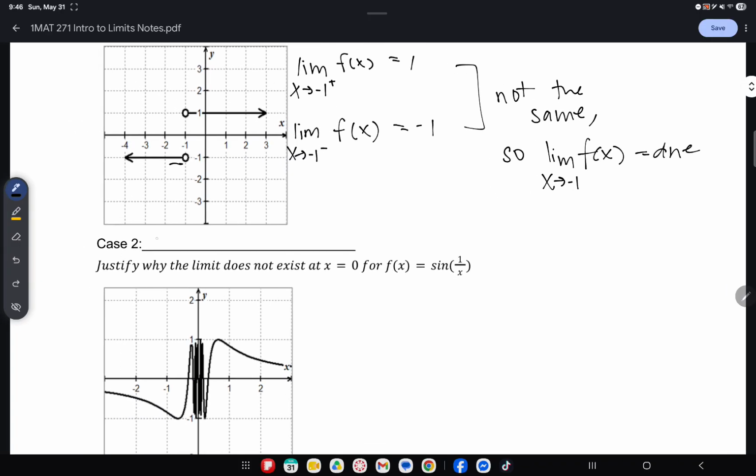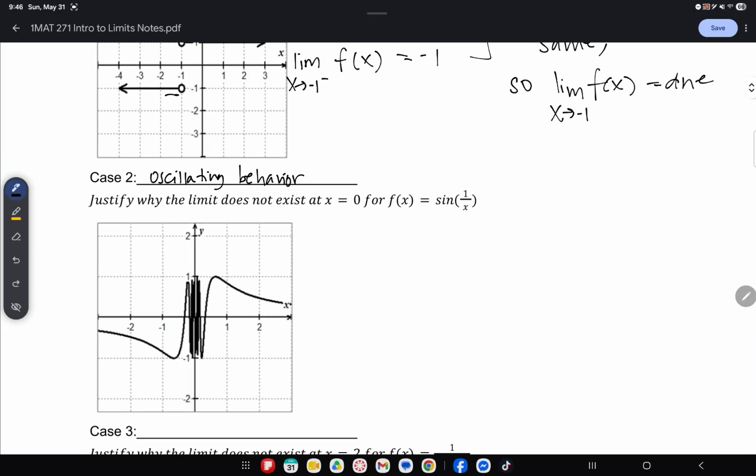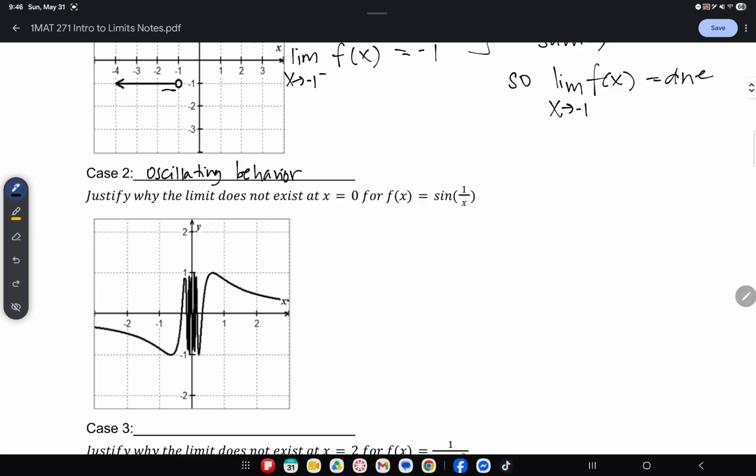And another case is what's called oscillating behavior. So we have this function here, sine of 1 over x. We want the limit at x equals 0. So we can do the sided limits. Just to double check here, right? We could do the limit as x approaches 0 from the right for the function, and the limit as x approaches 0 from the left of the function.